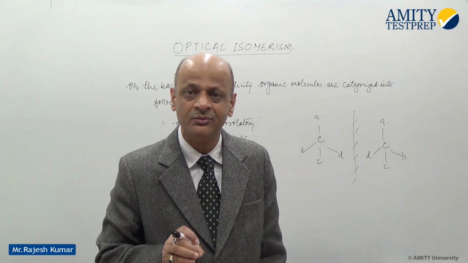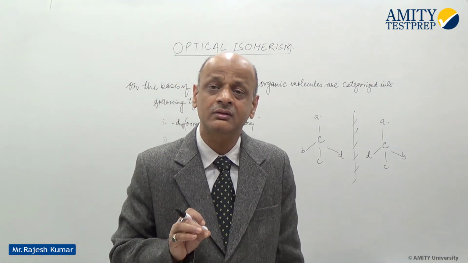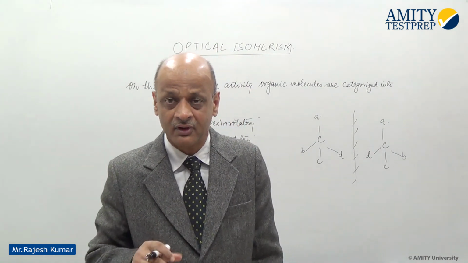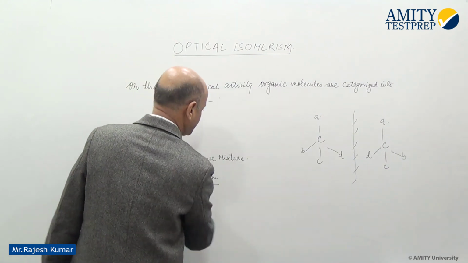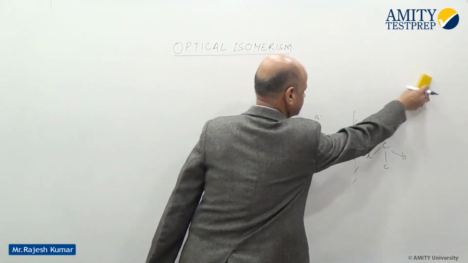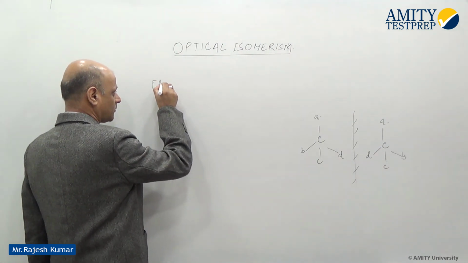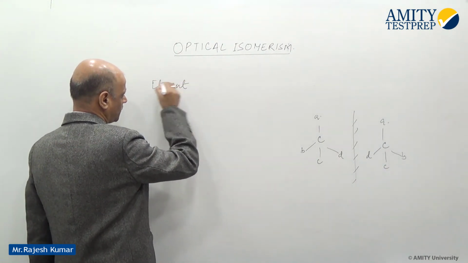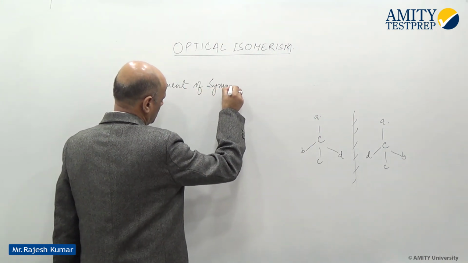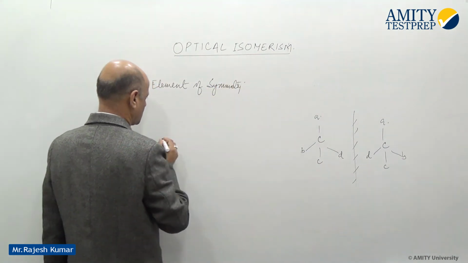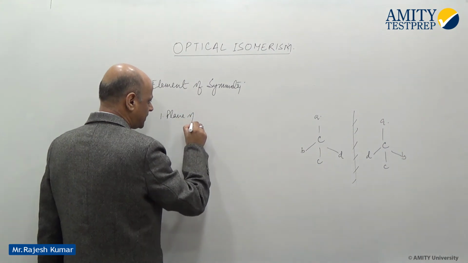Actually, the main reason for optical activity is the presence of dissymmetry, meaning no element of symmetry is present. Now, what is an element of symmetry? There are the following four types of element of symmetry. First, plane of symmetry.